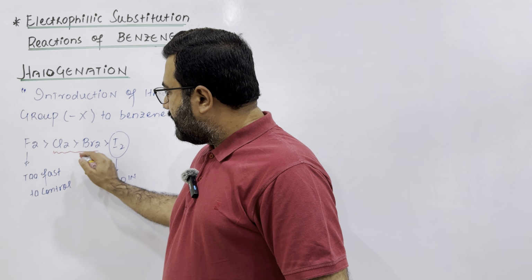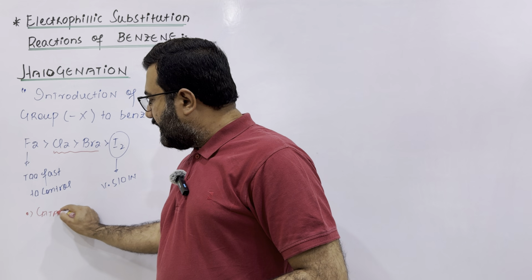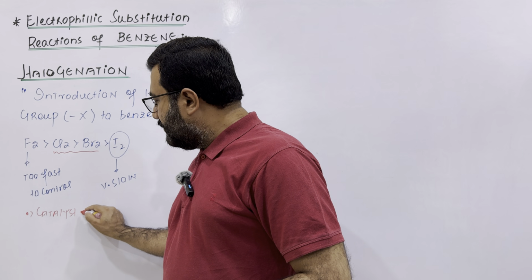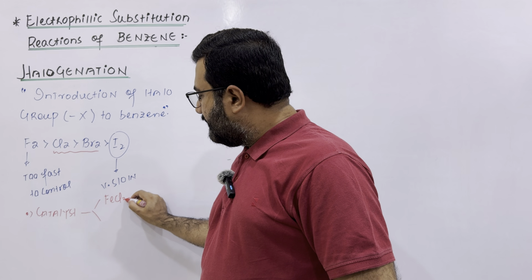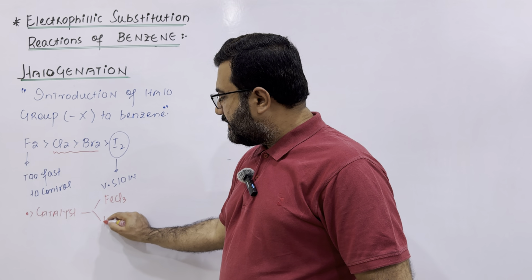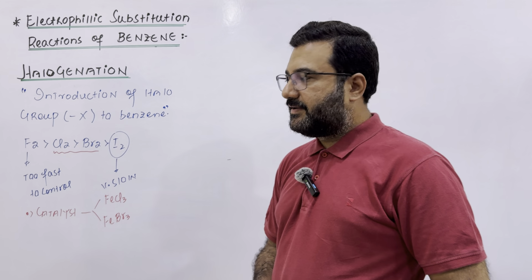My dear students, for chlorination and bromination, the catalyst used in case of chlorination will be ferric chloride, and in case of bromination, that will be ferric bromide.